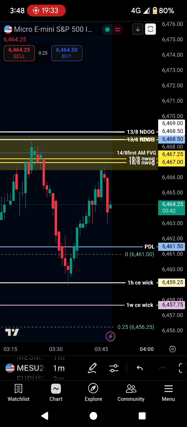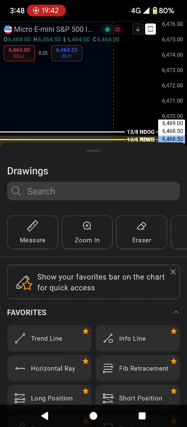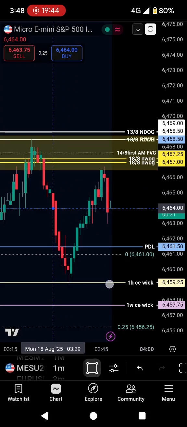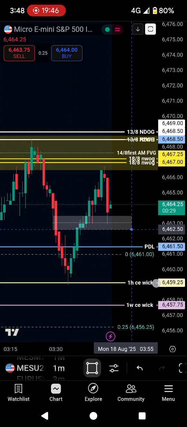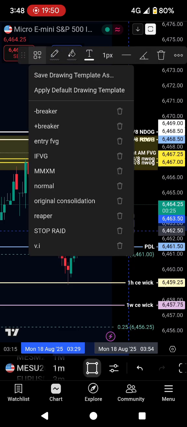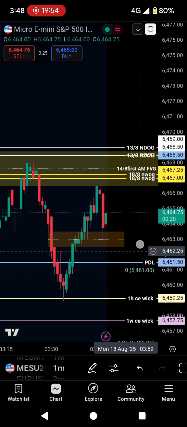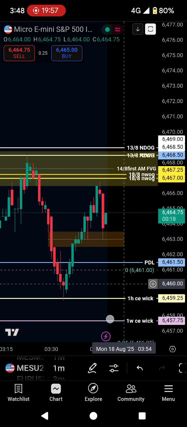So yeah, what I'm going to do is just this, okay? Here, if you get this fair value gap, then we're good. But now you can see this inversion fair value gap. Okay, once again, bumps down to it. 6463.